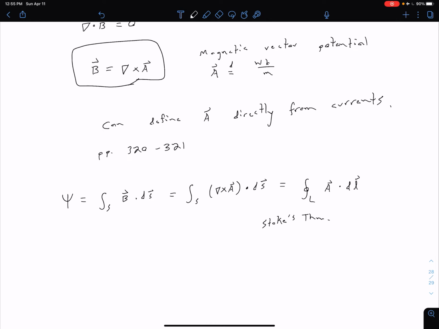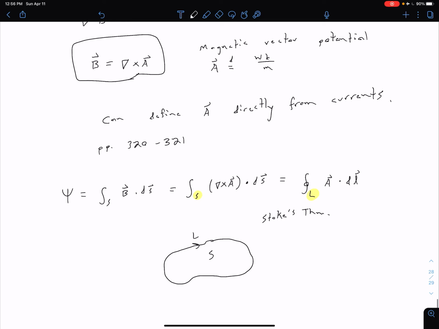And so, of course, relating our line and our surface, this line is the line that encloses our surface. So for instance, if we were talking about some arbitrary surface S, then this would be our path L that encloses the surface. And of course, dl is just going to be some differential length along that path.